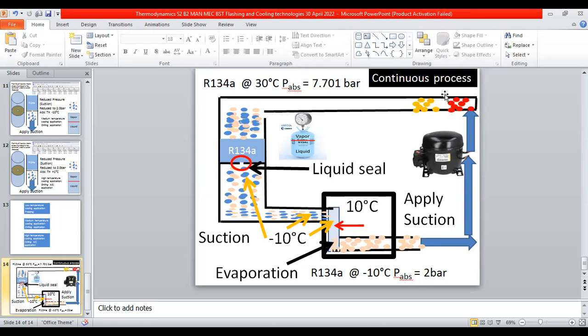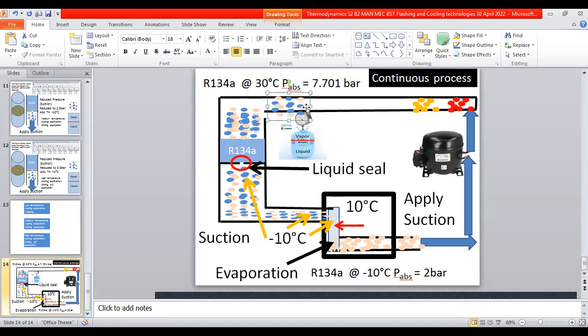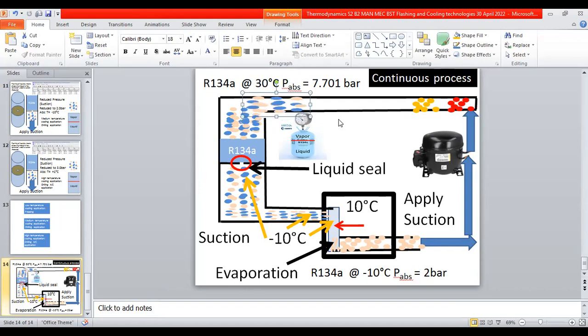So you can see the gas finally become more and more liquid. See, more liquid appears.